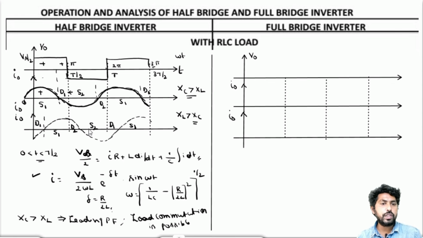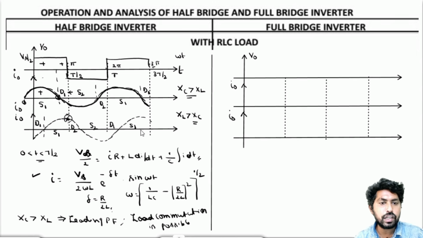If you observe here, S1 should turn off at this instant and D2 should be on. But the current is not getting to 0. Here the current is naturally 0 by the load commutation, but here it is not getting 0.